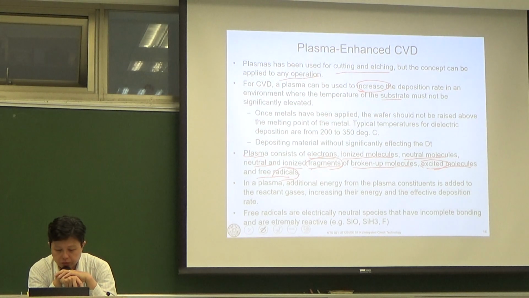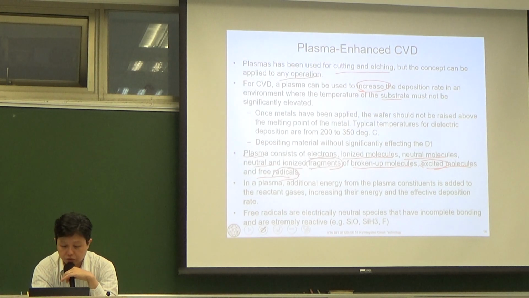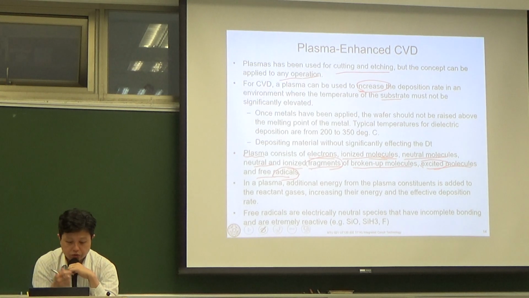So in this plasma, you can see there are some ionized molecules, which means you provide energy. Some molecules begin to ionize, and some broken pieces of molecules, some excited molecules, and free radicals.